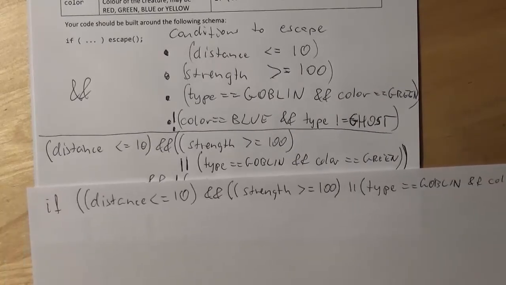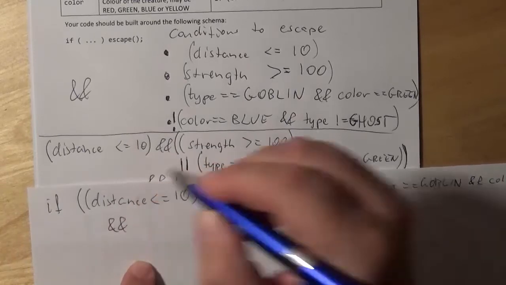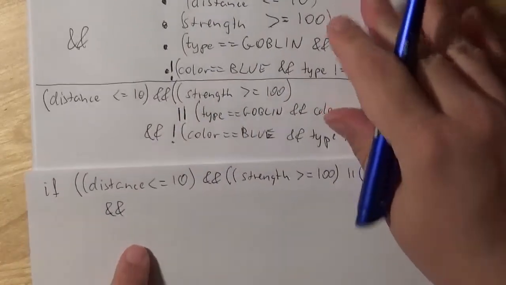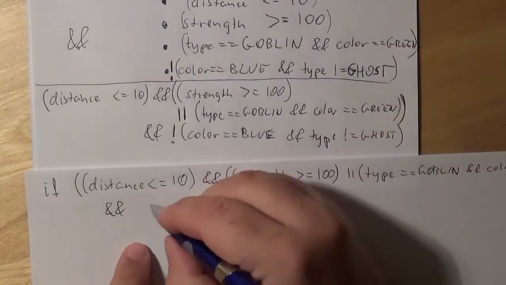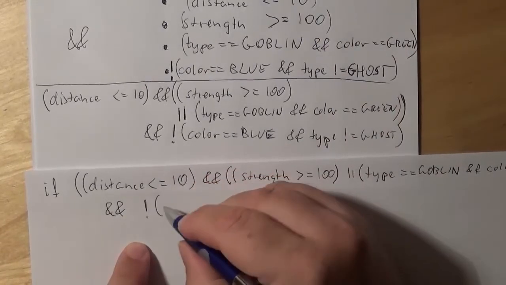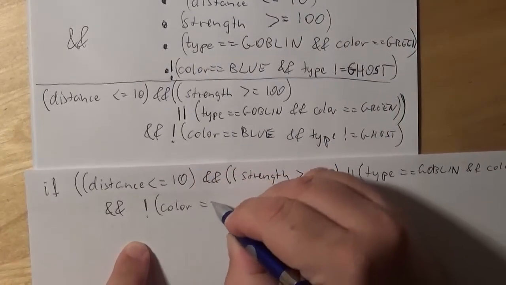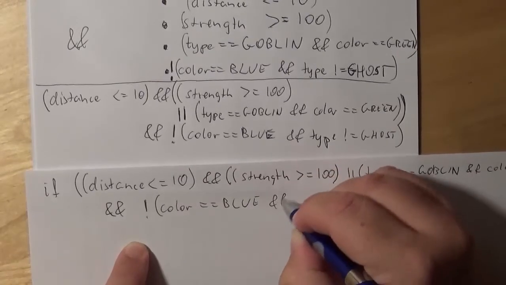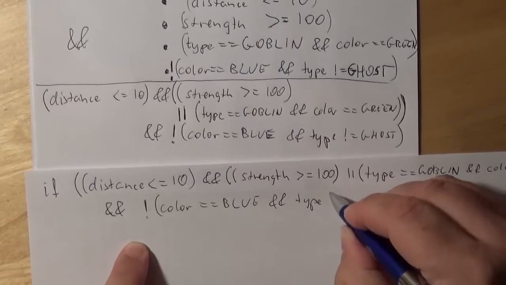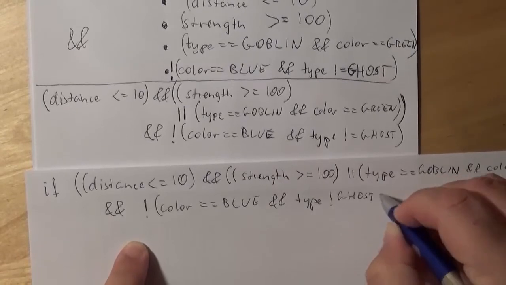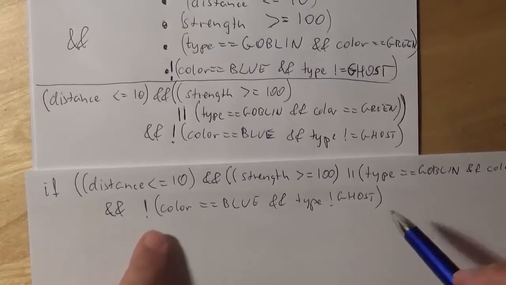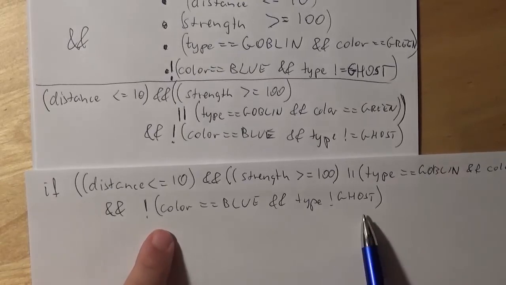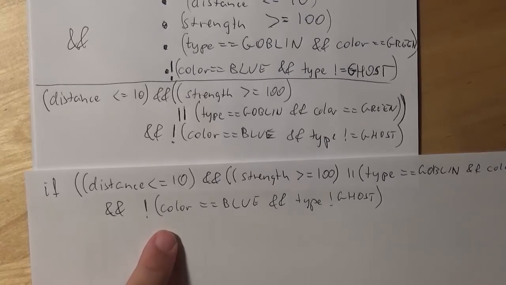Okay, and an additional necessary condition that it is not true that this is something of the blue color except of ghost, because if it is true, so if it is blue and not ghost, this means that we are the masters of this creature and we have no reason to worry about.